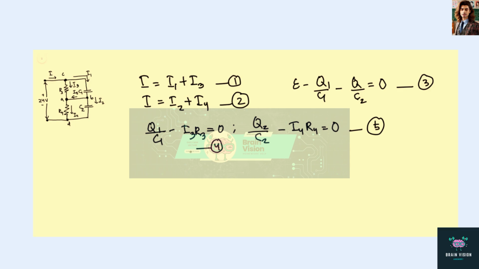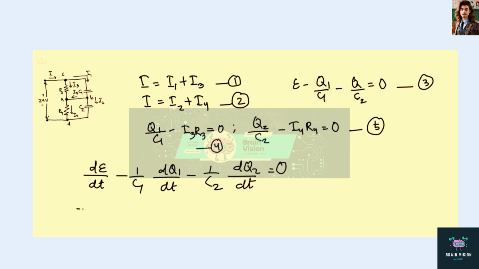So let's differentiate equation 3 first. Now we set the derivative of these two charges as the current flowing through the capacitors.